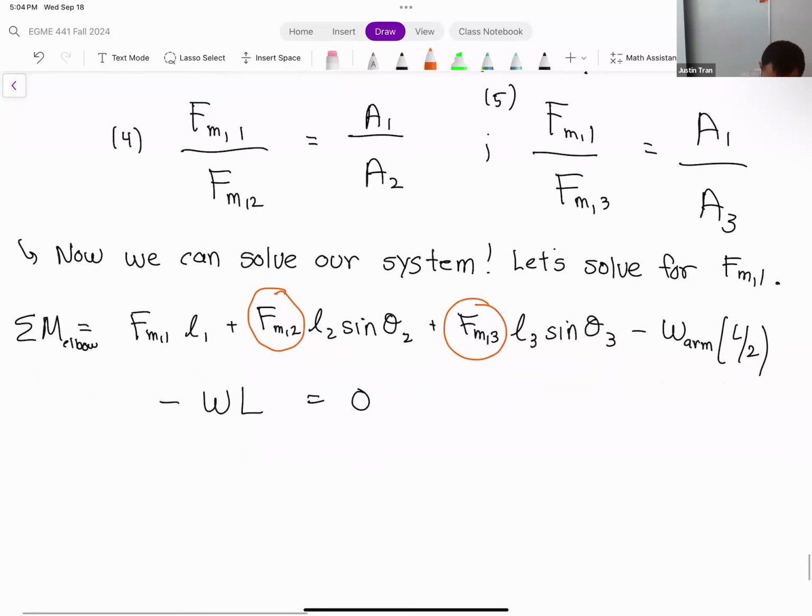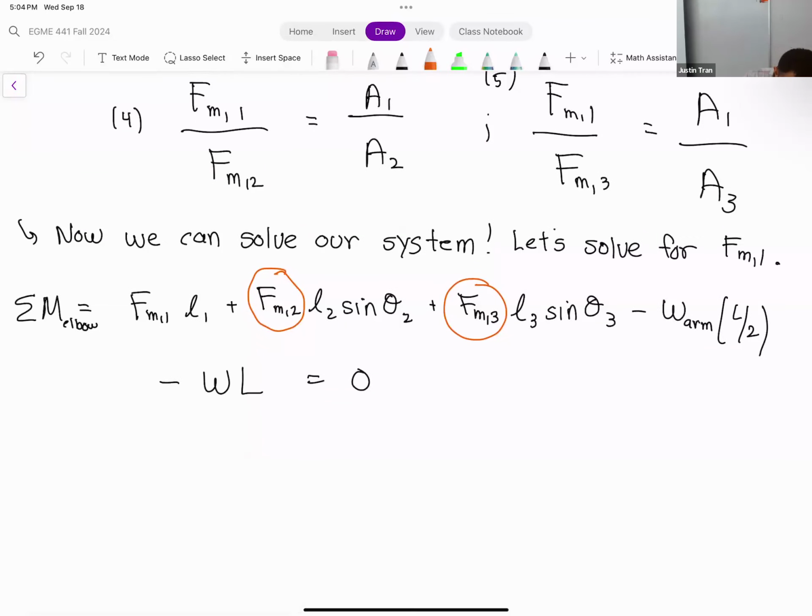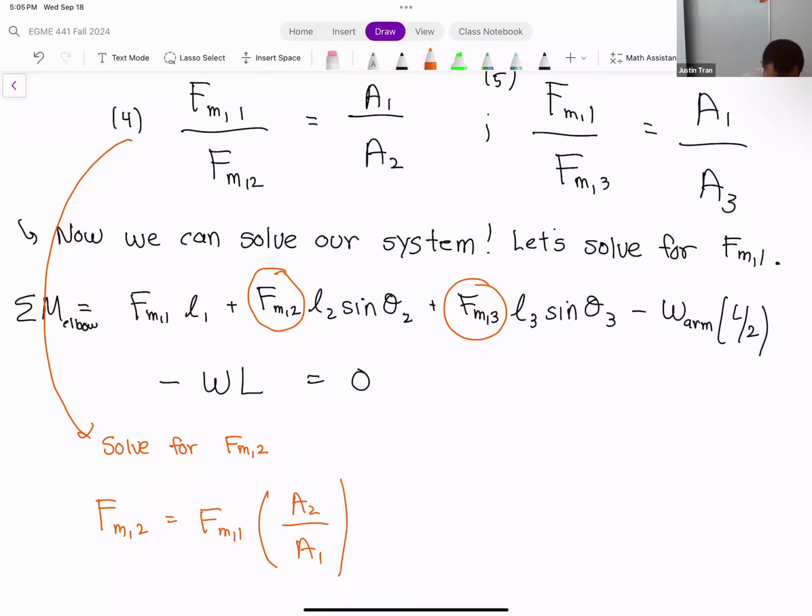But let's use our proportionality relationship to plug in for FM2 and FM3. So let's solve equation 4 for FM2. From this equation, we're going to move FM2 to the other side of the equation, and move the ratio of the areas to the other side. We get FM2 is equal to FM1 multiplied by A2 over A1.